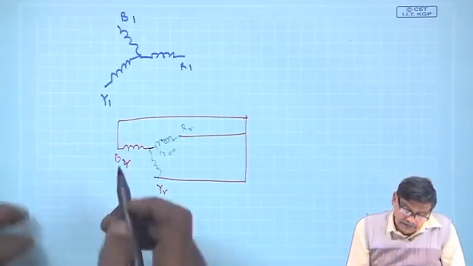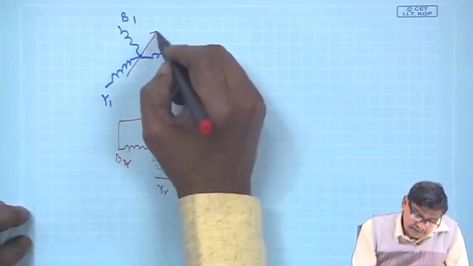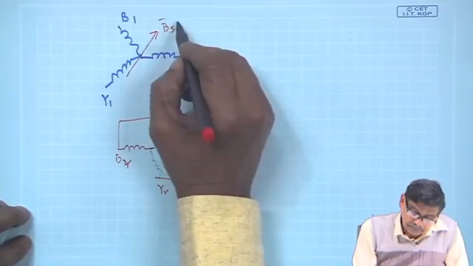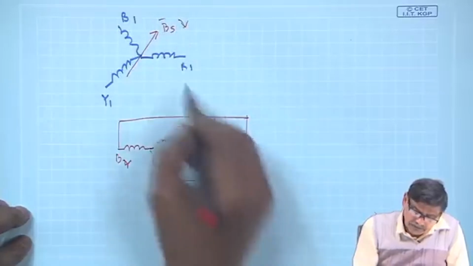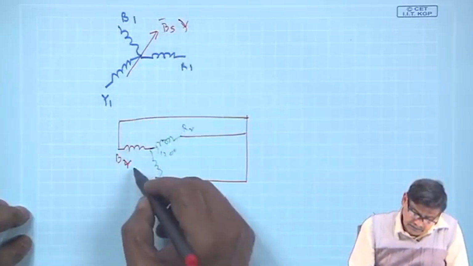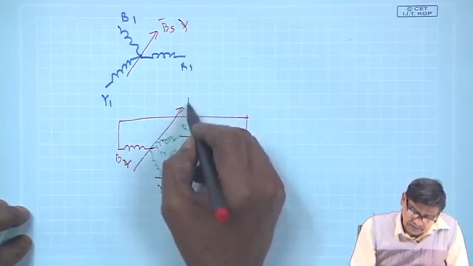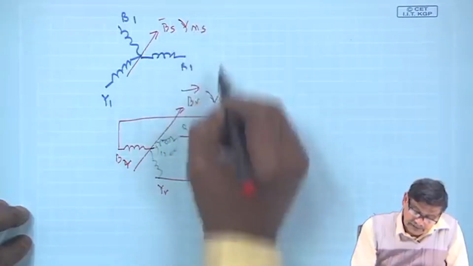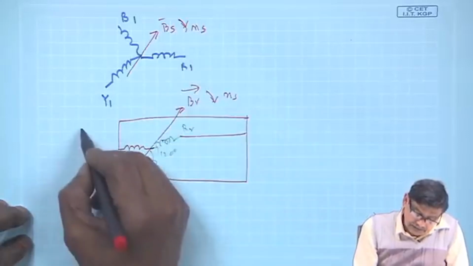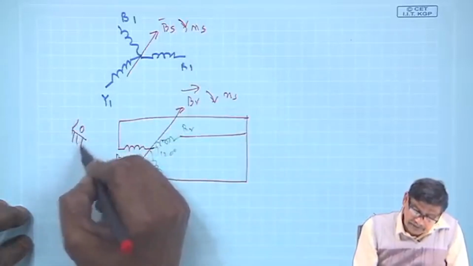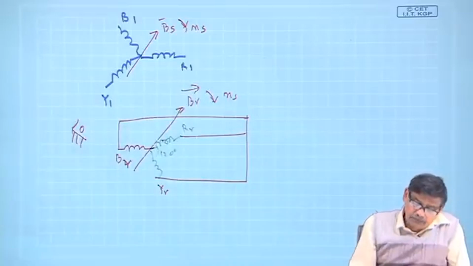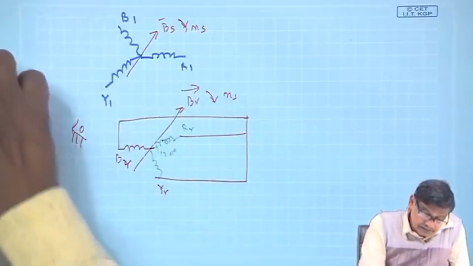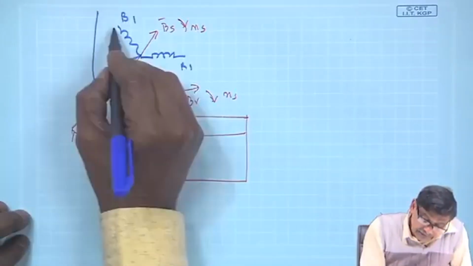Now, there is some Bs moving when there was no rotor current. Now, there is rotor current, and Br is also moving with the same speed Ns, and with respect to a stationary observer they conclude they are moving in the same direction once the stator is energized.